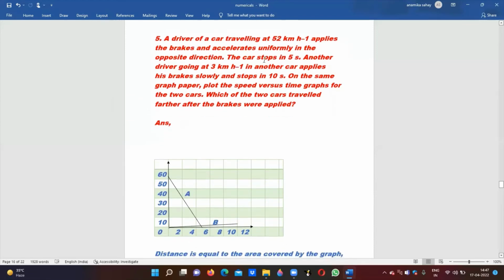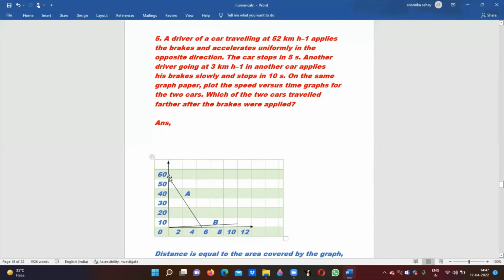Okay. In the first case, the car is traveling at 52 km per hour. We will plot the graph of speed and time. Okay, speed time graph we will make. Now, first the car was traveling at 52 km per hour. So first we will mark this 52 km per hour.